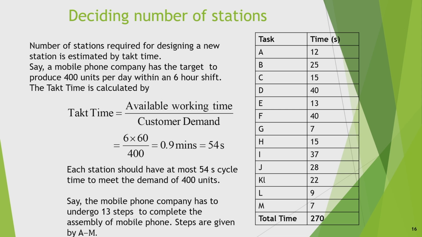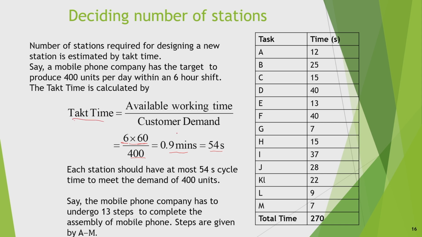The takt time is calculated as available working time divided by customer demand. The shift is only 6 hours, so 6 hours times 60 means you have 360 minutes, but you have to produce 400 units because this is the demand from the market. So it comes out 360 by 400, that means 0.9 minute, which is 54 seconds.